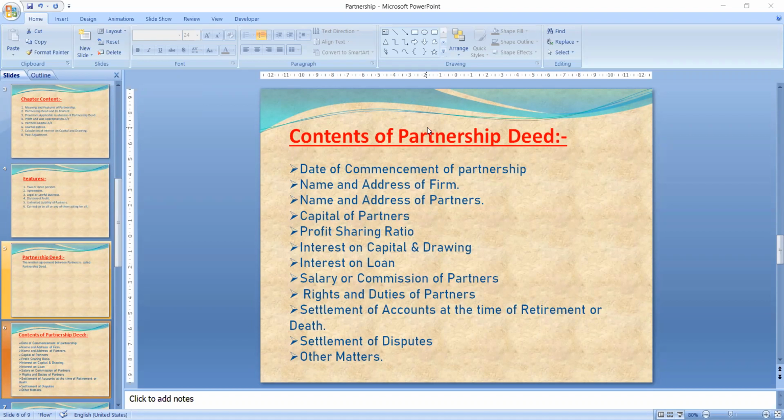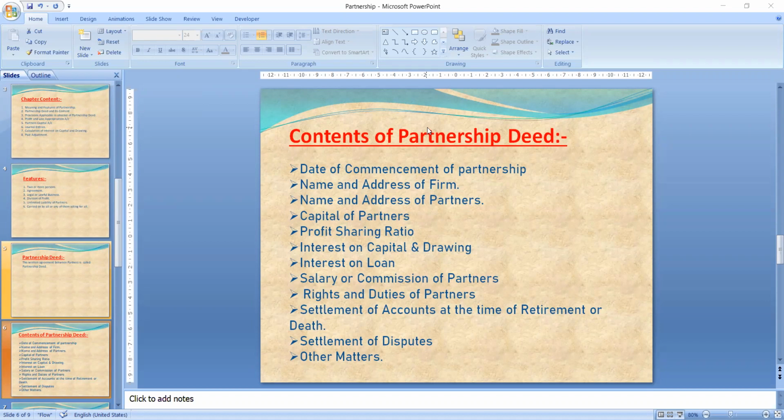You know the drawing part. What is the meaning of drawing? Money withdrawn by the partners for personal use from the firm.